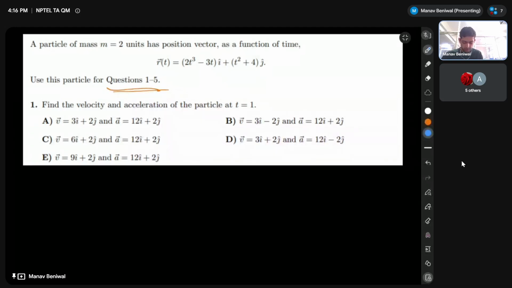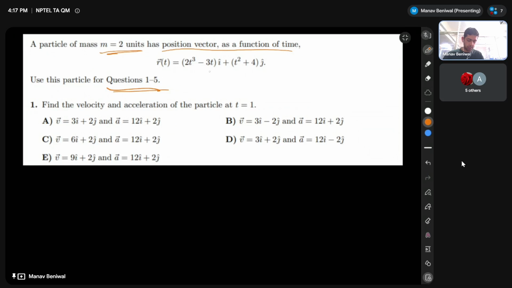So we are given that we have a particle of mass m equals 2 units. And the position vector as a function of time is given to us. Use this particle for questions 1 to 5. So for the next 5 problems, we'll consider that this particle has mass m equals 2 and this is the position vector given to us. This is a two-dimensional problem, right?